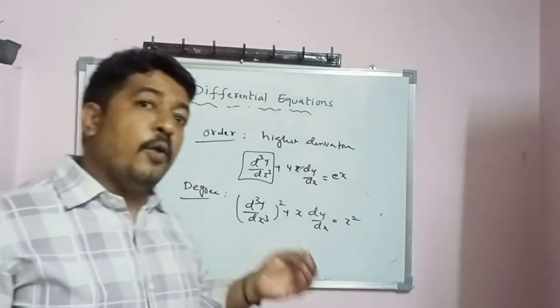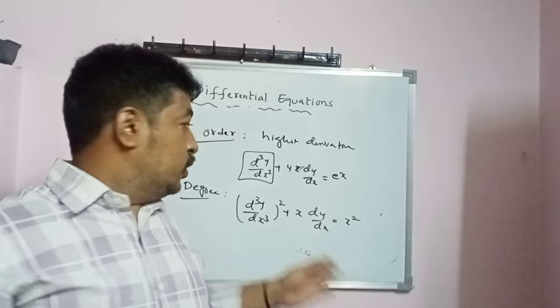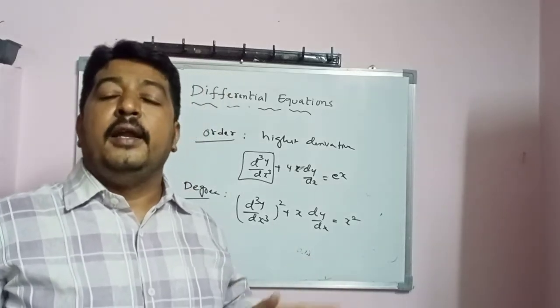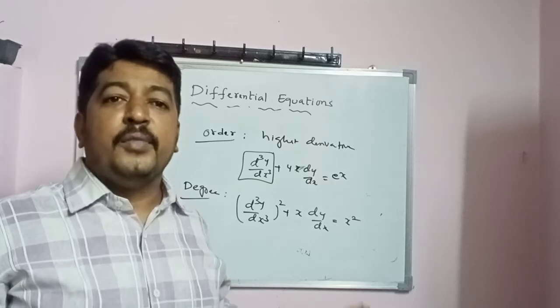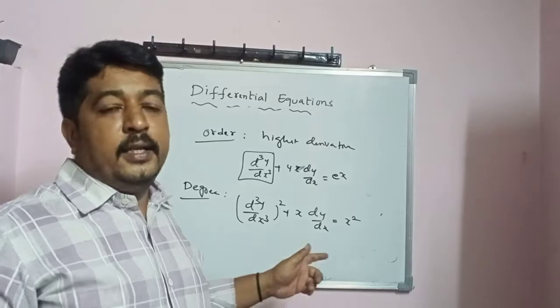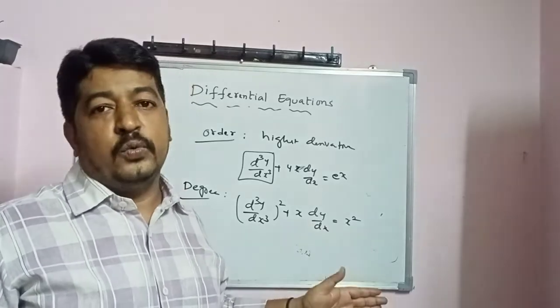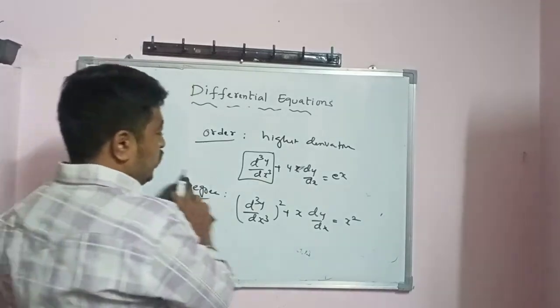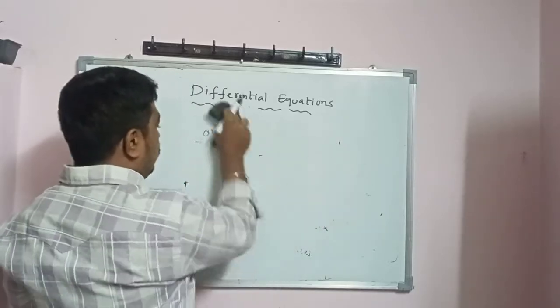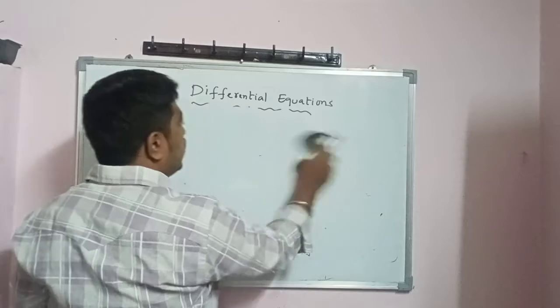Generally, exponent is a topic we take in polynomials. So degree means, it is also one of the polynomials only. The degree of this highest derivative is 2. So we call the degree 2. This is the degree of the differential equation. Degree is 2.